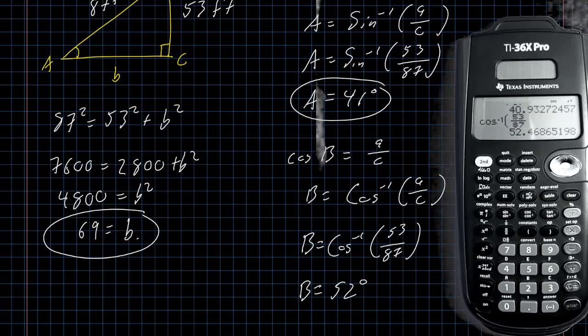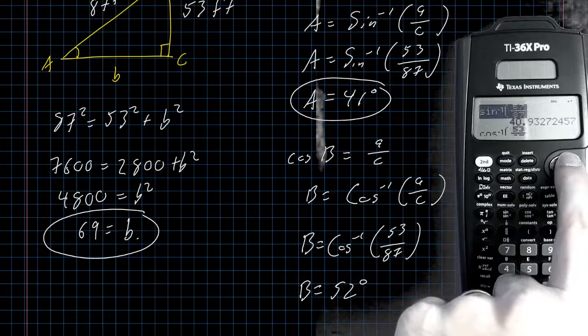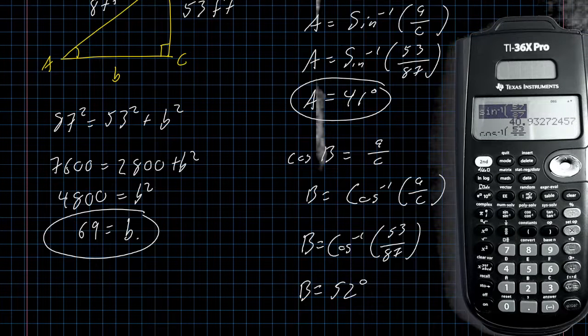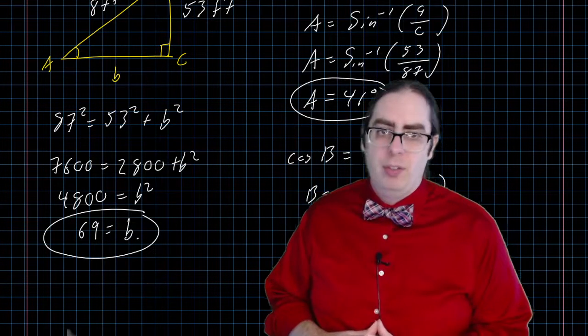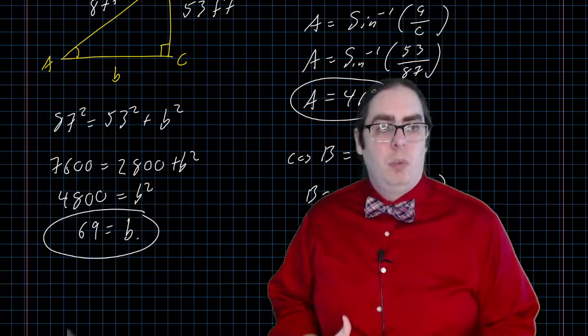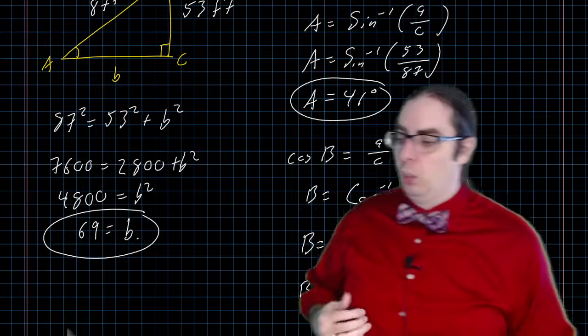All right. Did I type that in wrong? I did type that in wrong. All right, I didn't mean to do this, but it's a great learning exercise. I said when we started into solving right triangles that you always want to double check your work.